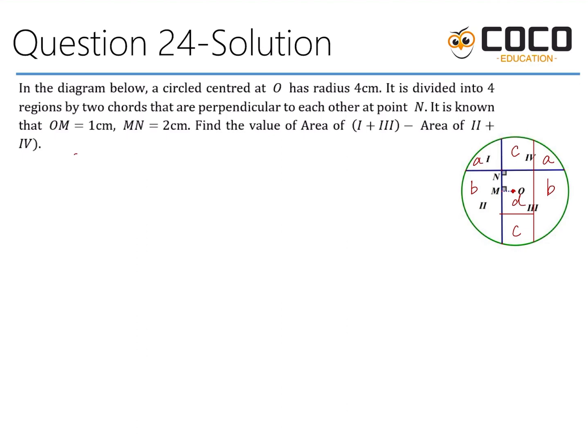So find region 1 plus region 3 minus region 2 plus region 4.